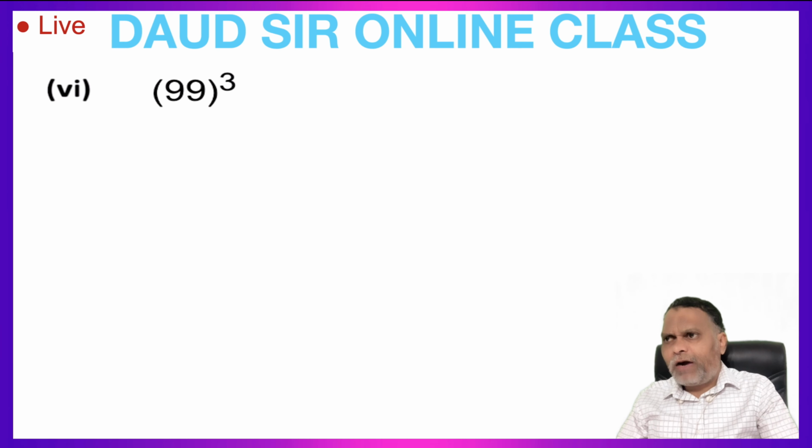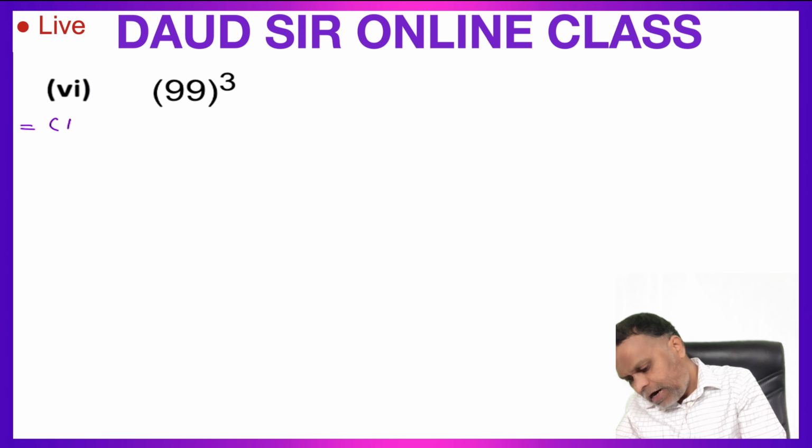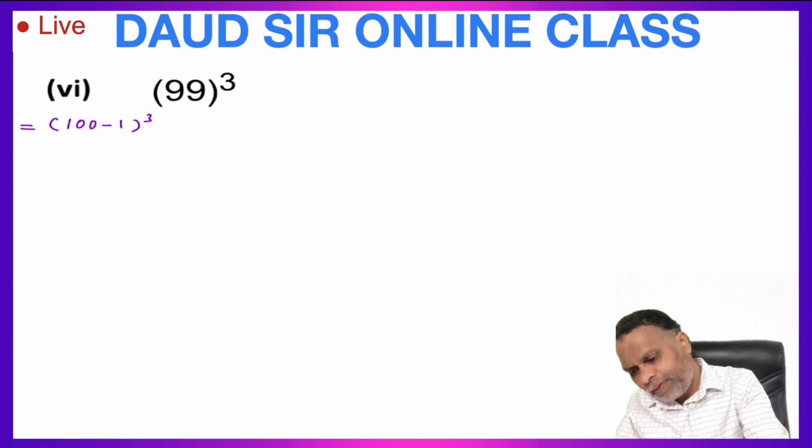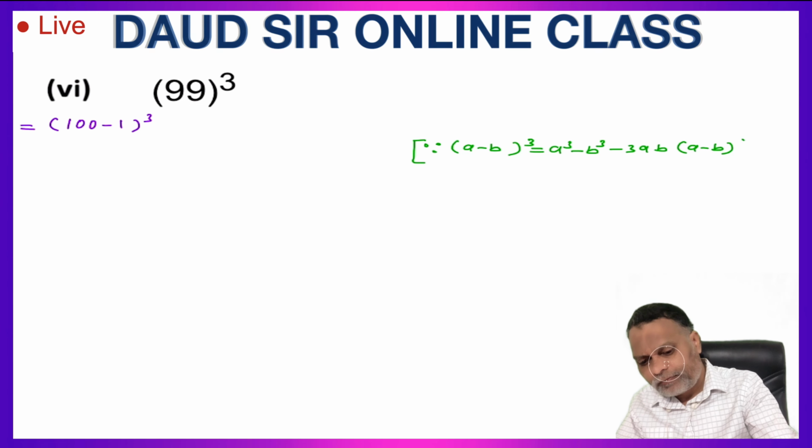Question number 11, part 6, 99 cube. So 99 cube can be written as (100 minus 1) whole cube. Now we can apply the identity (a minus b) whole cube is equal to a cube minus b cube minus 3ab into (a minus b).